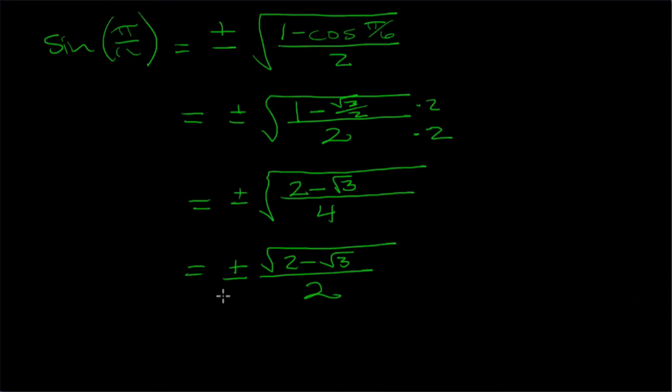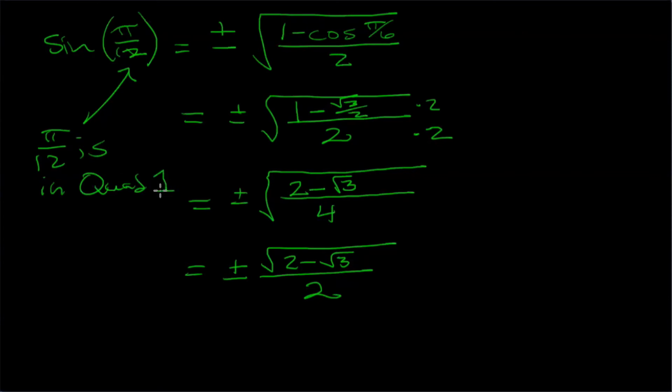Usually we'll just leave them in this form, but the problem is, can the sine of pi over 12 be two different answers? No, because what quadrant is pi over 12 in? If I look here, pi over 12 is in quadrant 1.